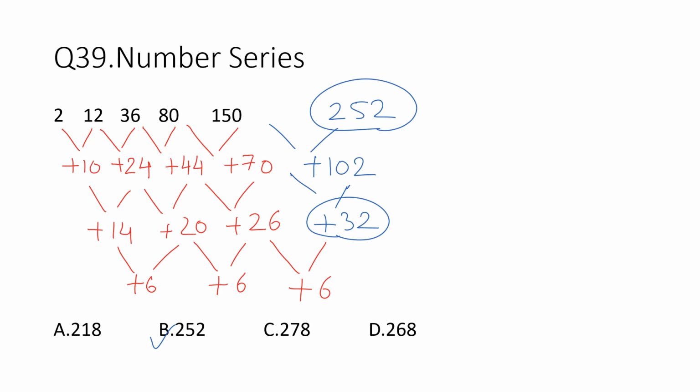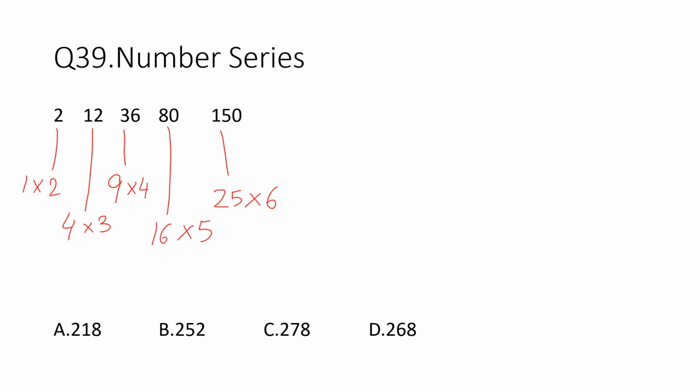But think of it, the same question has another logic also, right? We'll try another logic also. If you feel this way, do it this way too; sometimes it takes time. So let's see what the other logic here is. If you see the same question, this is 1 into 2. 12 you can also write as 4 into 3.